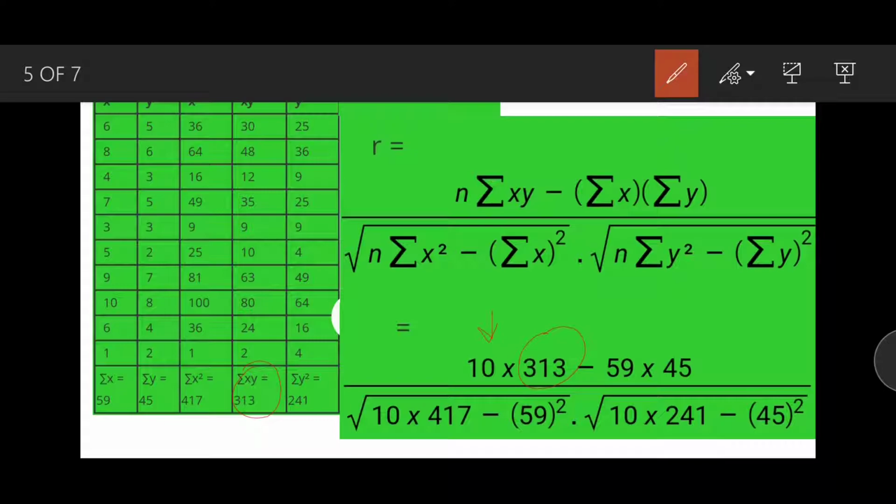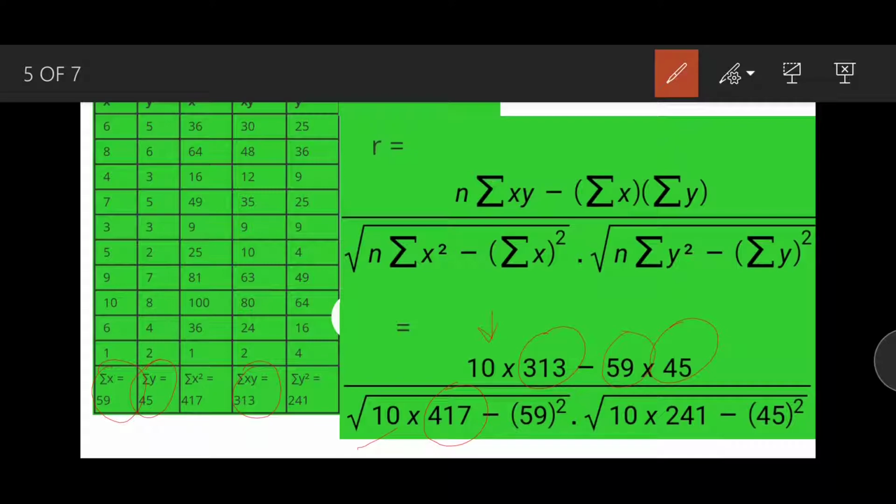Summation y, summation x, which is this. Summation x is what I have on the screen there that I circled, and summation y is 45, and that is exactly what I've substituted. So we substitute each of the values. Then if I go to the denominator, my n is still 10. Summation x squared is 417.